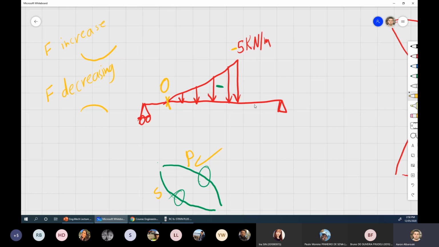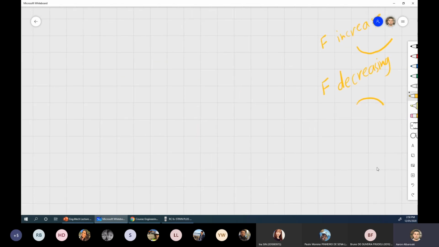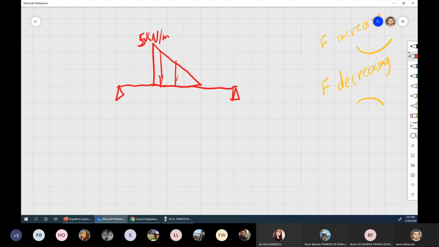If I had it the other way around, if I had the beam that way, and I had the force going this way, and that's 5 kilonewton per meter acting here.